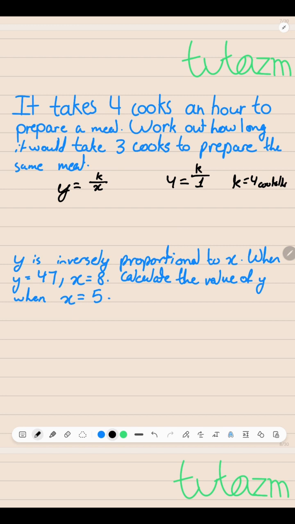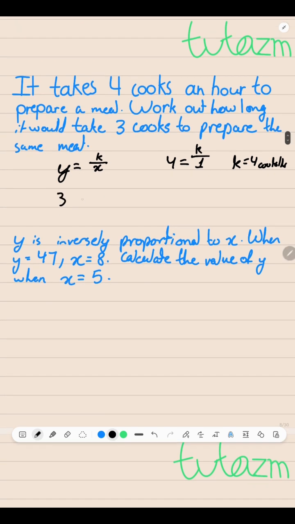So if we plug into the same equation again, we can have 3 cooks here. That is equal to 4 over x, right?